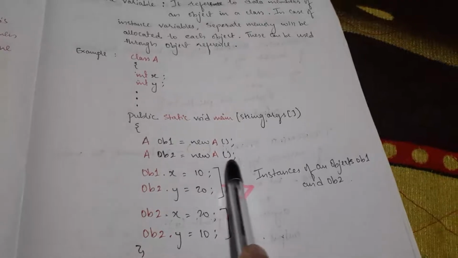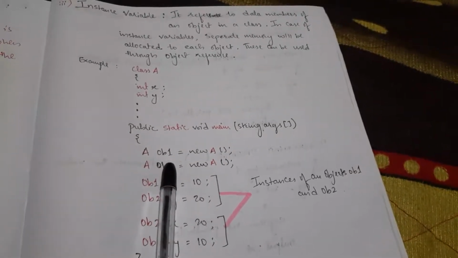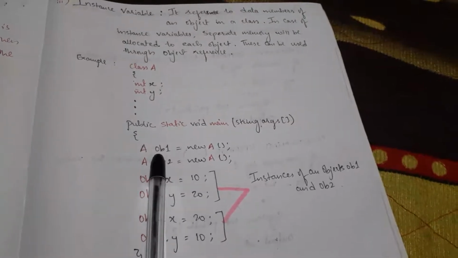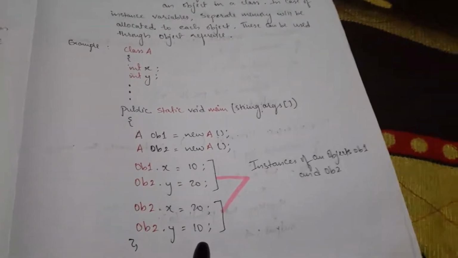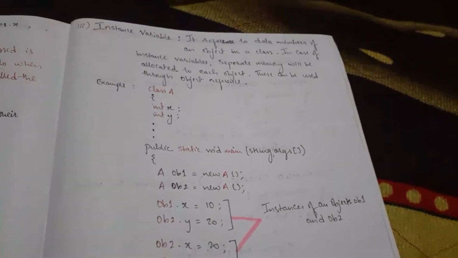How many memories have been allocated here? Two memories, ob1 and ob2, and accordingly the values have been stored. This is what you have to remember for the third kind of variable, called the instance variable.